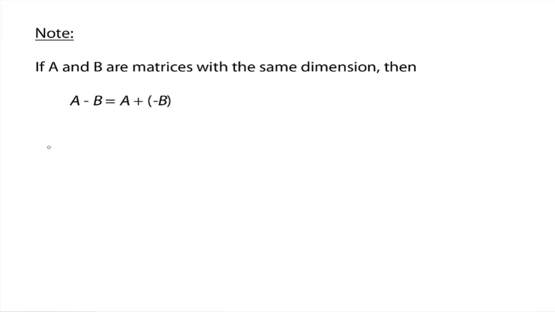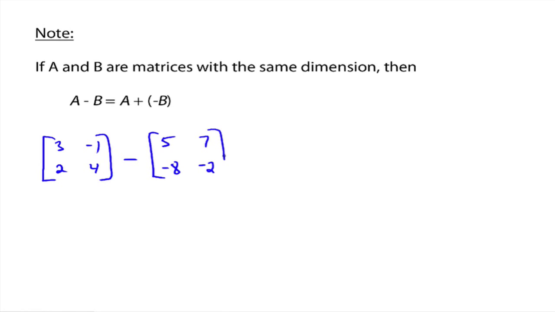So if you've got two matrices, say 3, -1, 2, 4, and we're subtracting another one, 5, 7, -8, and -2, right? So one thing you could do is change this to a plus and -1, and then multiply everything inside by -1, and then just add them up, right?